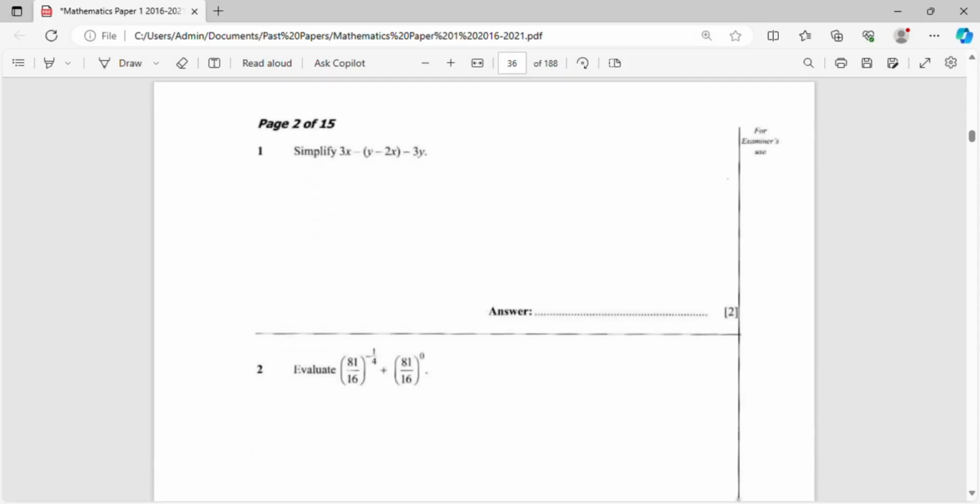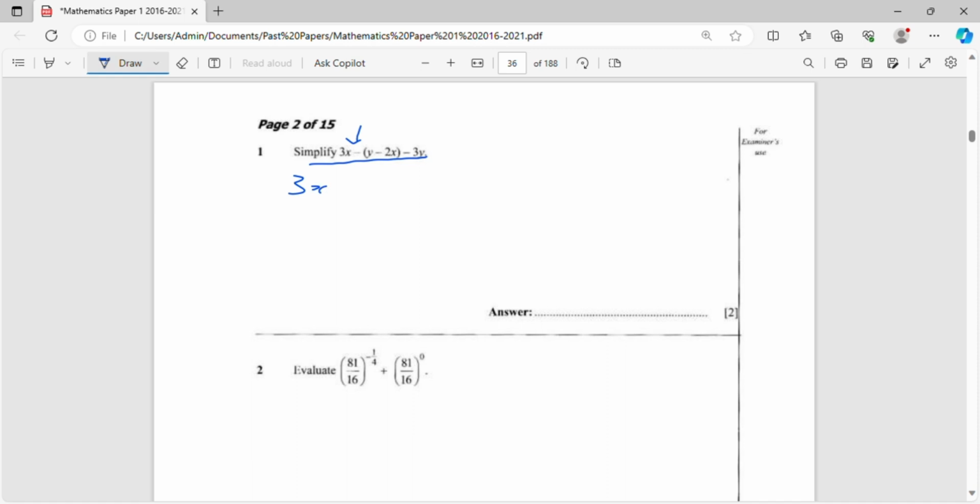With the first question, which is on simplification of algebraic expressions. It says 3x minus open brackets y minus 2x close brackets minus 3y. So this negative sign is multiplying with everything that's there in the brackets. So it will be 3x.